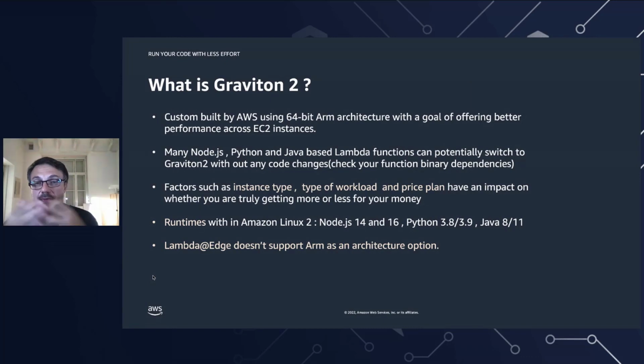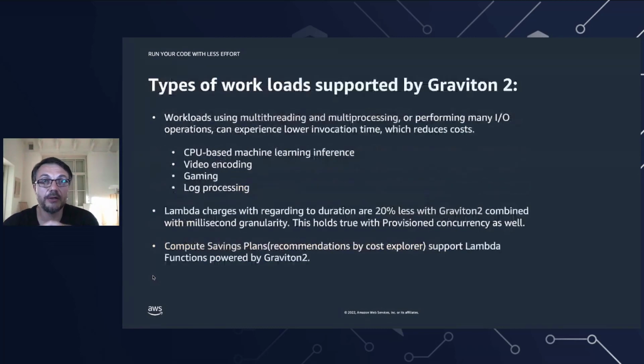We support a number of different runtimes, and you can use those runtimes to run on ARM architecture. In terms of workloads, what workloads can you run? Basically, almost all workloads can be used on ARM architecture, except maybe if you have specific libraries which were compiled specifically for Intel or AMD processors for x86 architecture.